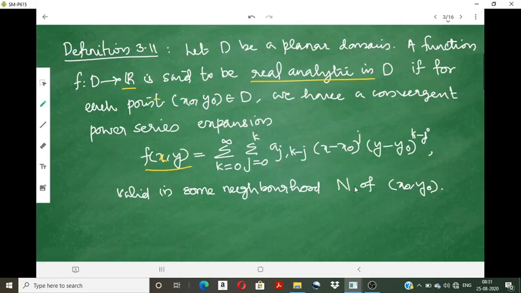Now we move to the theorem which says about the existence of such a canonical form for elliptic equations.